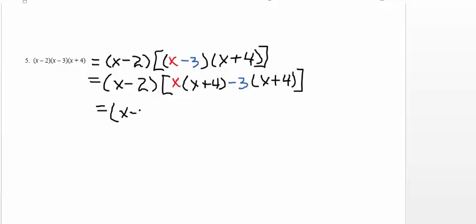So notice how the x minus 2 is just getting recopied at every step. So I'm going to have x multiplied by x added to x multiplied by 4. And I'm going to have minus 3 multiplied by x, and minus 3 is also going to be multiplied by 4.